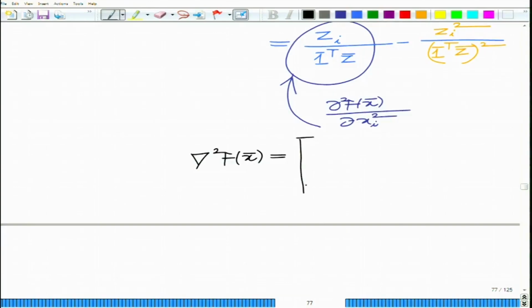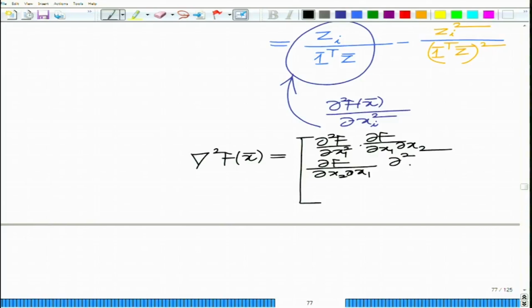what is a Hessian? The Hessian is the partial of f with respect to x1 square, the partial of f with respect to x1, x2, the partial with respect to x2, x1, and dou square f by dou x2 square, and so on.